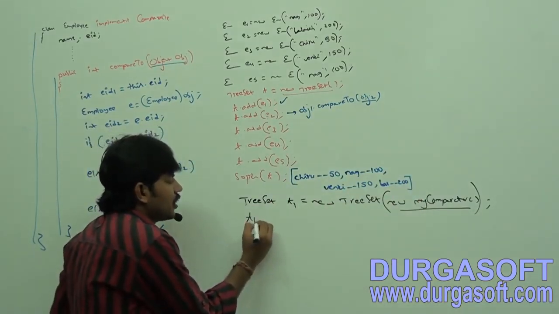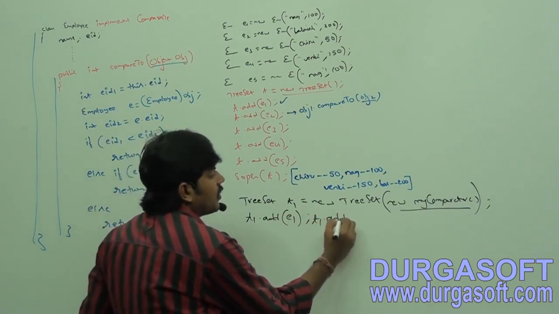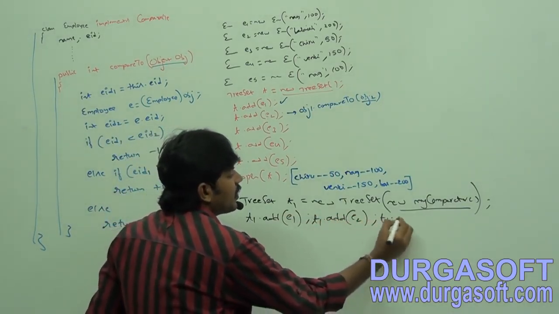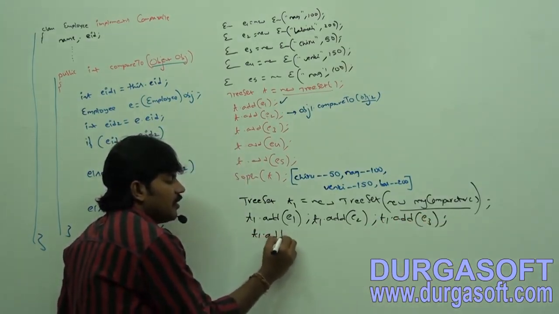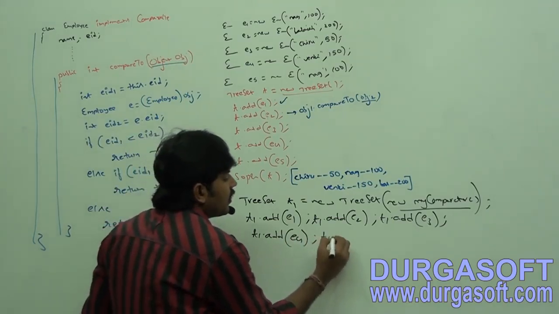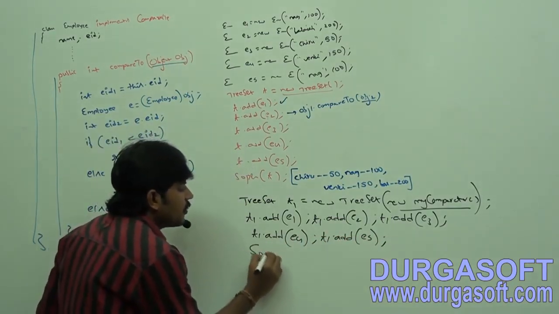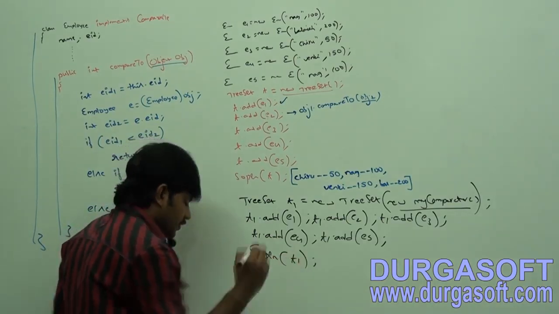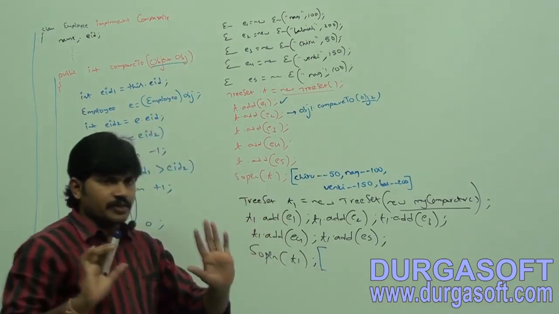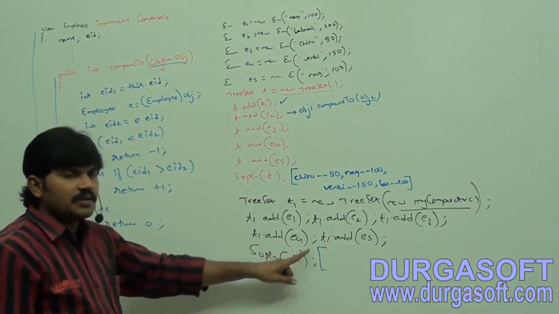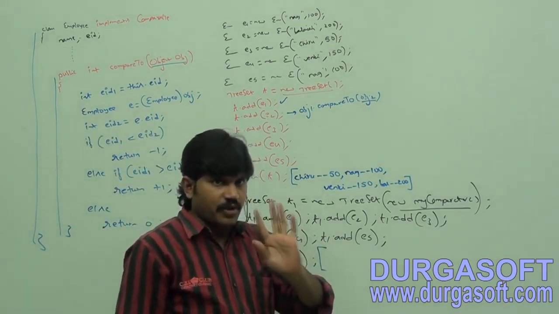Can you tell what the code is? t1.add(e1), t1.add(e2), t1.add(e3), t1.add(e4), t1.add(e5). Next, System.out.println(t1). What is my expected answer? It should be according to alphabetical order of their names, right?